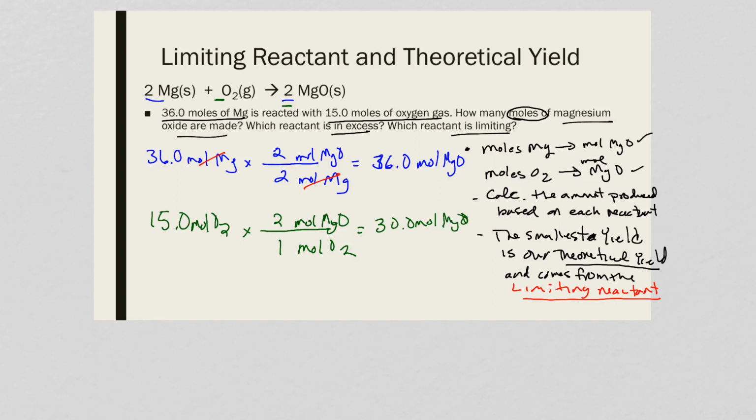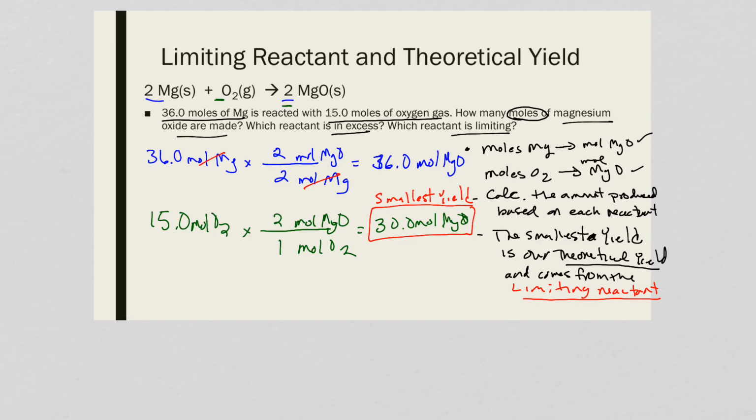So now I have my 2 values, and what I'm going to do here is look for the smallest result, and that's right here. So this is the smallest yield. That's going to be my theoretical yield that's going to come from my limiting reactant, right?